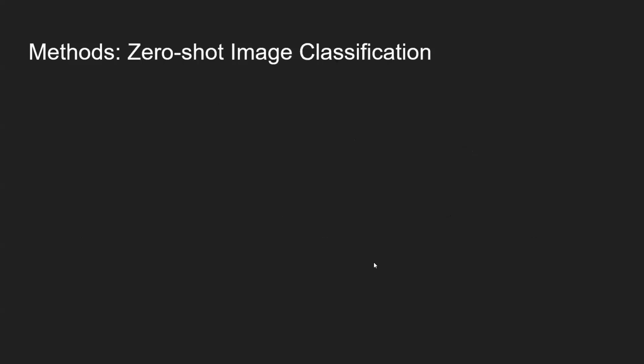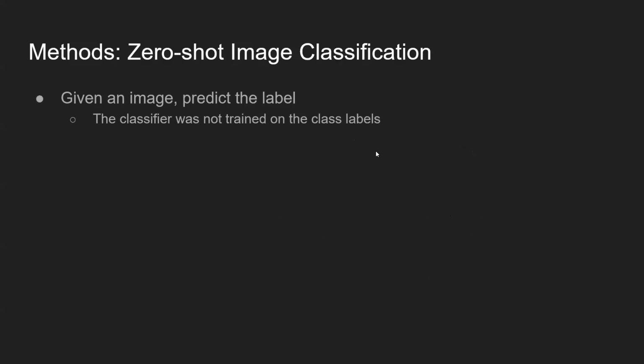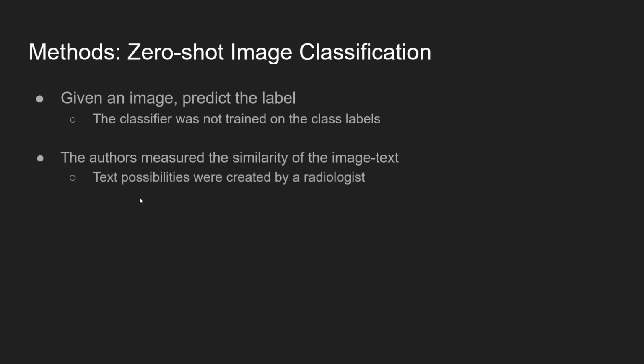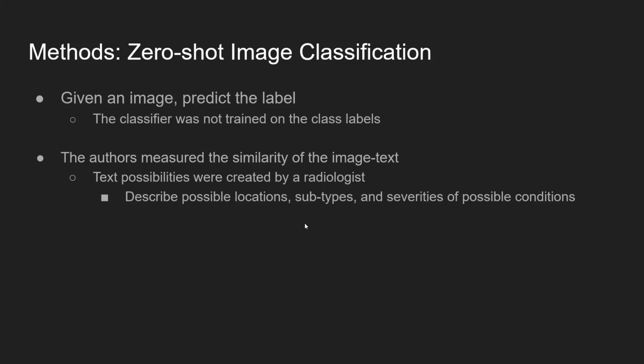For zero-shot image classification, we are given an image and we need to predict a label, but the classifier was not trained on the class labels. So the authors measured the similarity of the image text. The text possibilities were created by a radiologist and describe possible locations, subtypes, and severity of possible conditions.